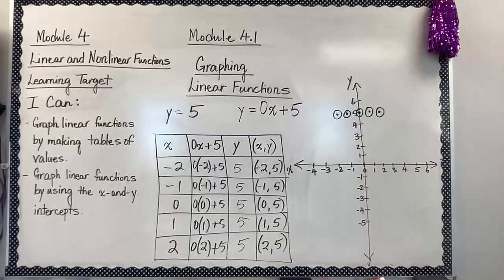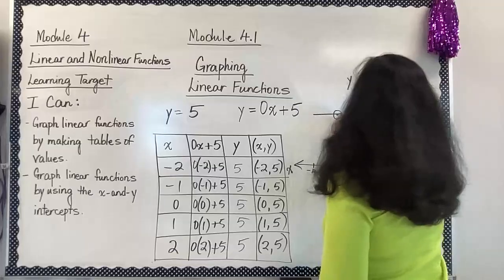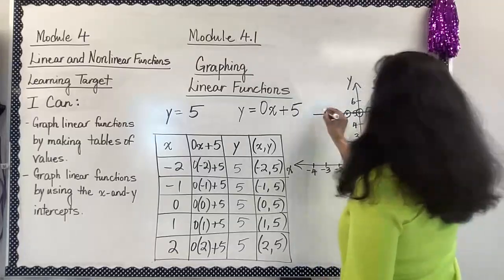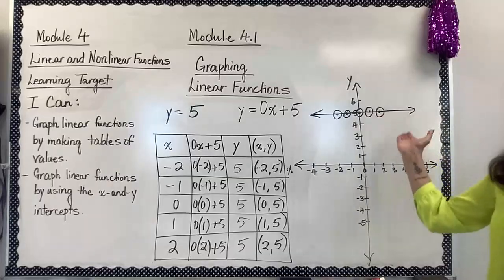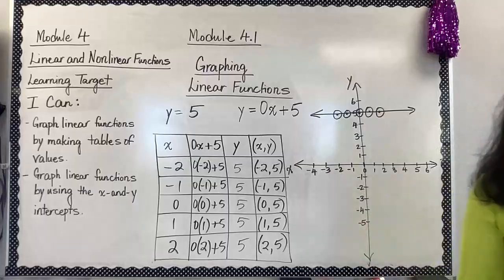I will end up with y is equal to 5 as a horizontal line. It doesn't matter what value of x I have, y will always be equal to 5. And so once again, x and 5, the ordered pair, all values of x in the domain, you're still going to get 5 as y. So this becomes a horizontal line.